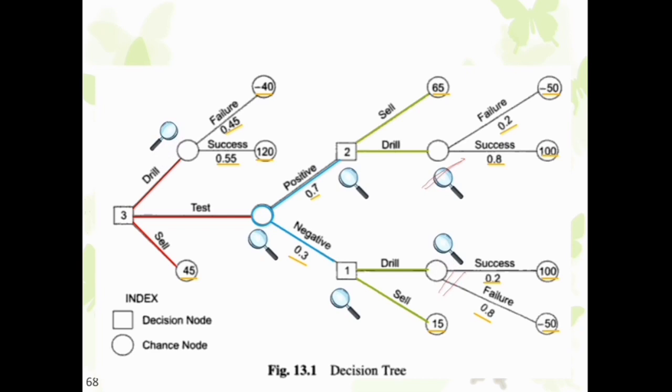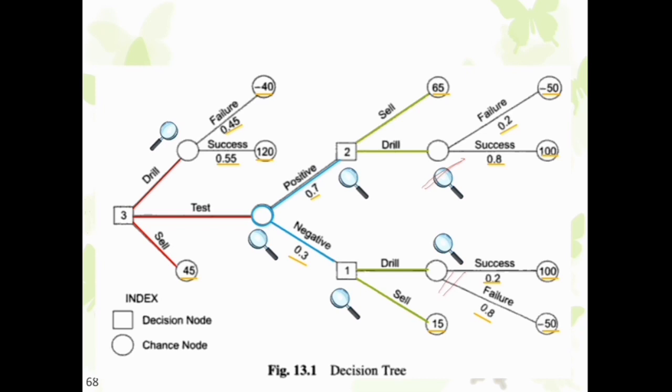At those chance nodes and the decision nodes, once you find out the payoff values at these nodes, I want you to write down those values inside those nodes. It will help you eliminate mistakes. It will be beneficial if you write down the selected payoff value inside the chance nodes as well as the decision nodes after you evaluate them.